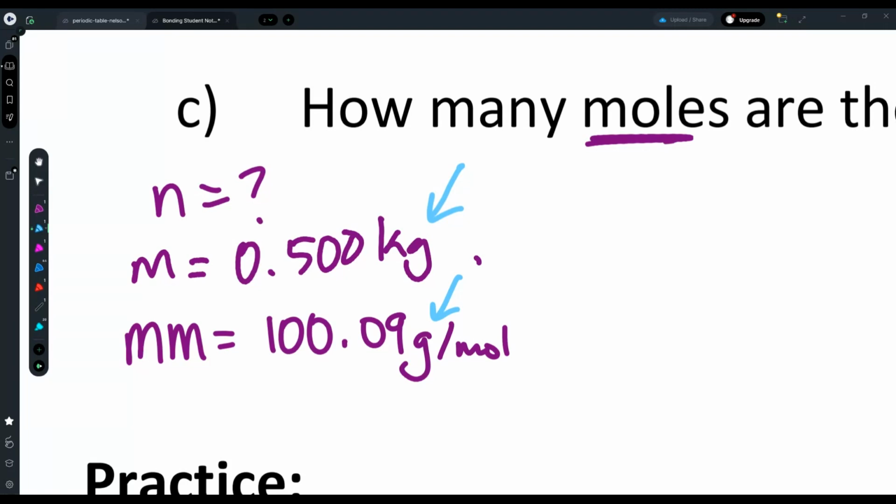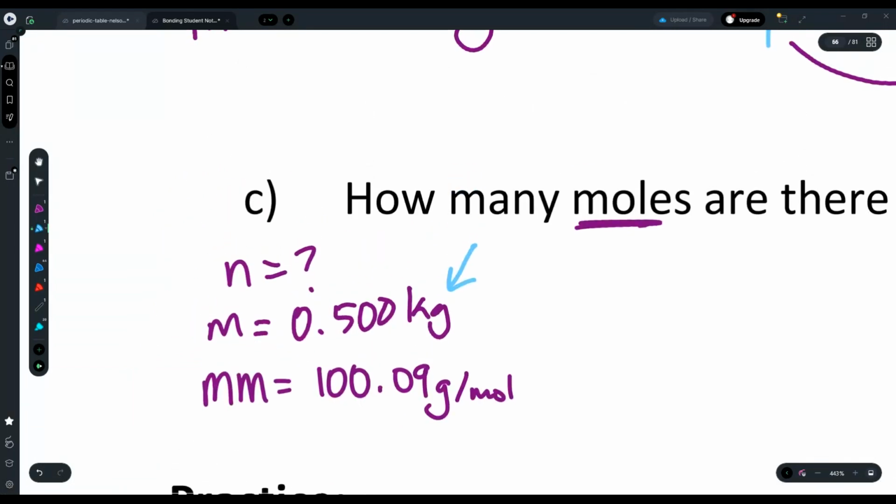And that means we need to convert one of these units to be the same as the units of the other value. Now, I always recommend converting the units of the value that does not have fractional units. So what does that mean? That means convert your mass units from kilograms to grams.